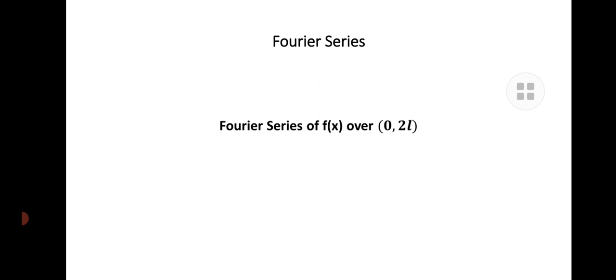So that means the function is defined on an interval of length 2 pi or 2l. The arbitrary interval of length 2l may be taken as c, c plus 2l, and it may be noted that sin of pi x divided by l and cos of pi x divided by l are periodic with period 2l.